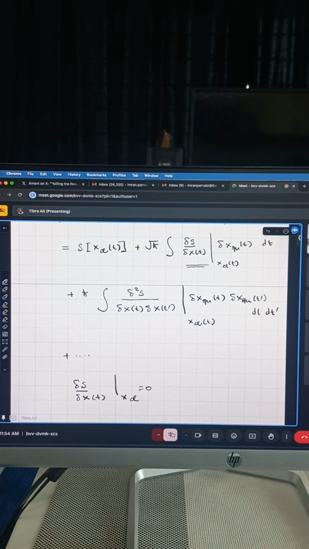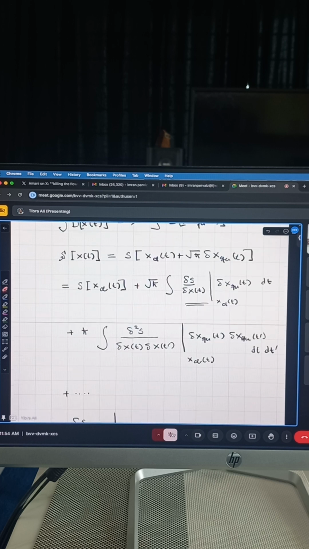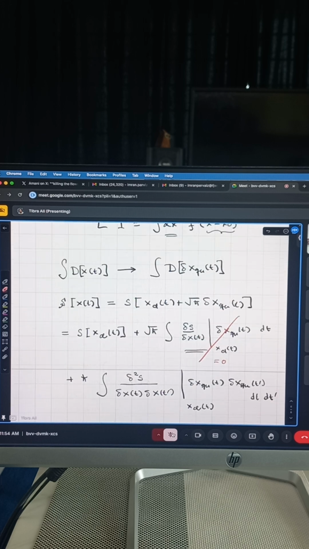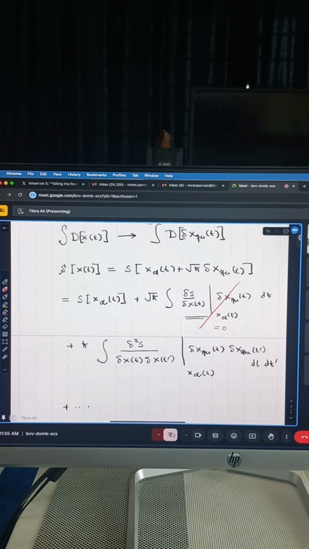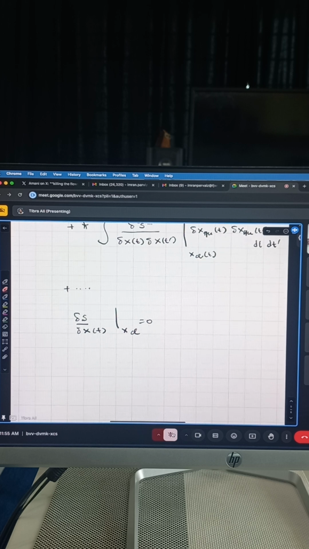This is exactly what happens when we do the Taylor expansion of a function around, say, an extremal, a minima or a maxima. And so we have chosen our h bar. We have defined this thing with a factor of square root of h bar. Now we can evaluate our path integral as a series.